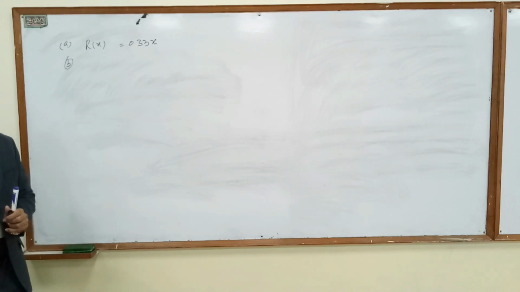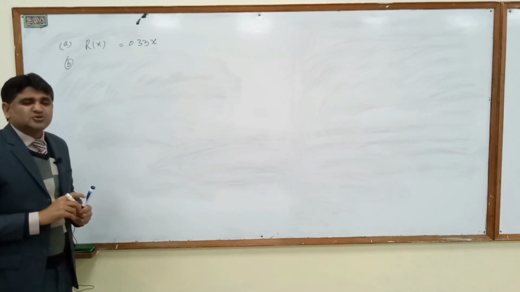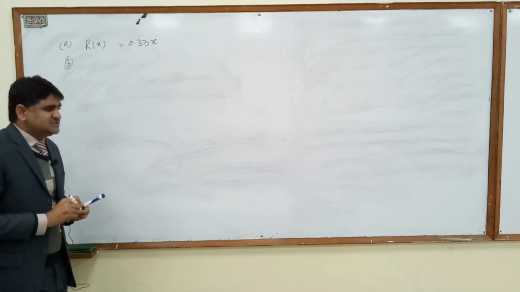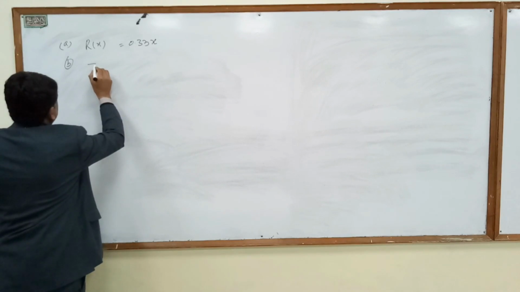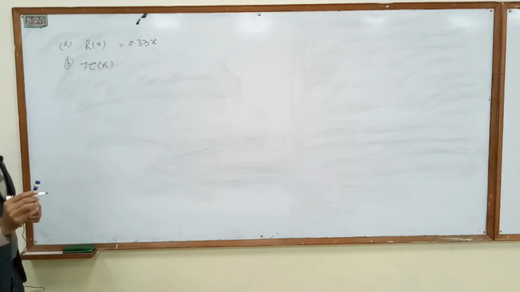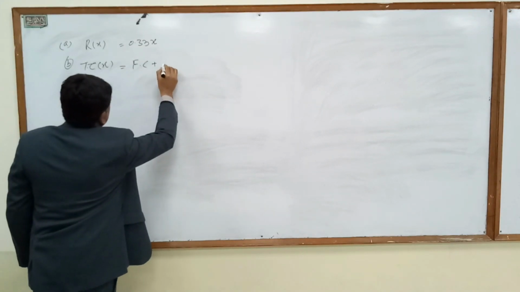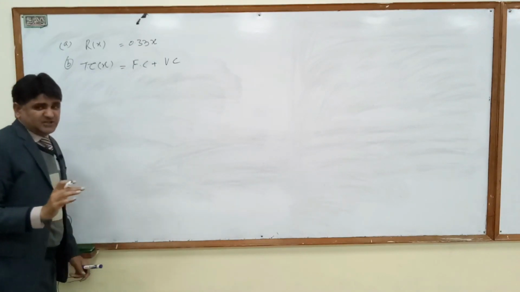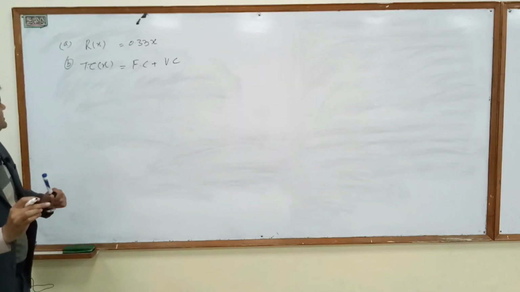What is part B? Formulate the total cost function associated with renting a car for a total of X miles over 3 years. Okay, students, in this case we have to formulate the total cost function. Total cost TC of X is equal to fixed cost plus variable cost. As you know, we have practiced this in our previous question.